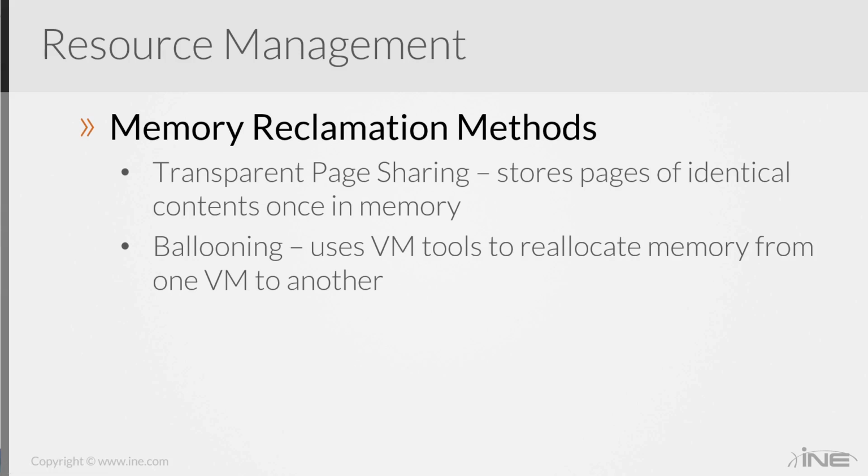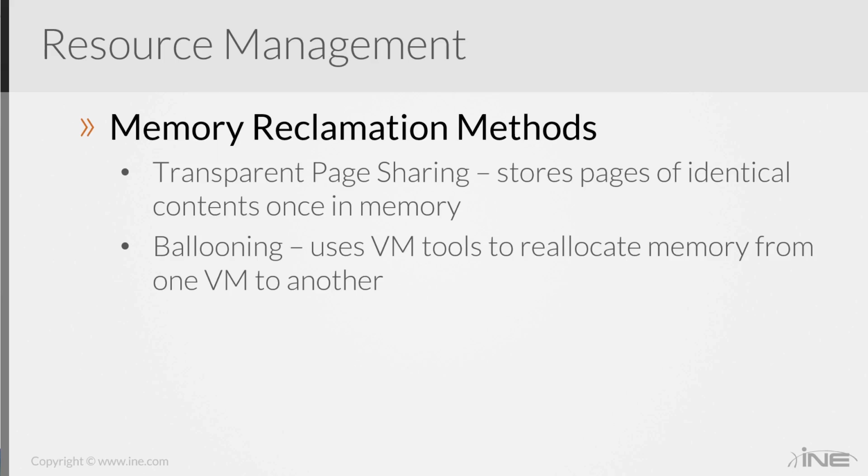The VMkernel uses a number of methods to reclaim memory from the ESXi host. Firstly, there is transparent page sharing, or TPS. Transparent page sharing allows identical contents to be stored only once in memory.